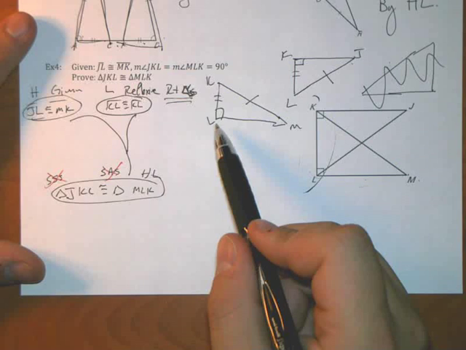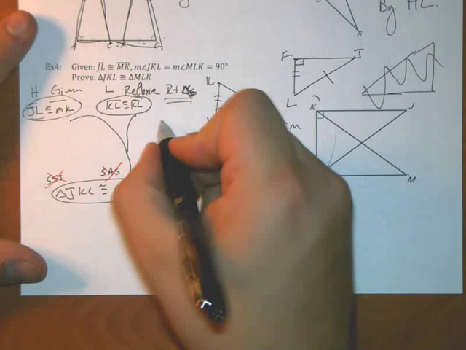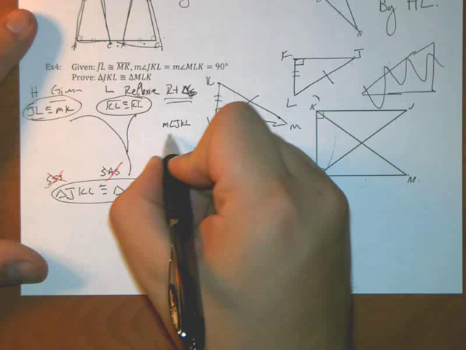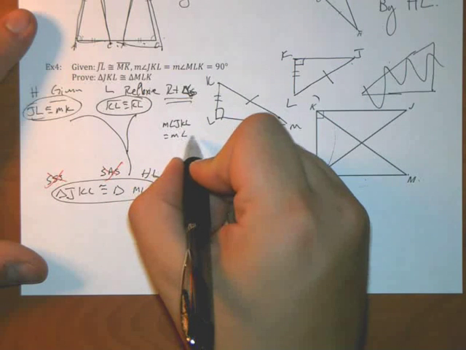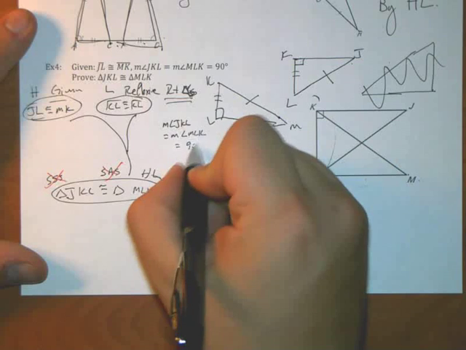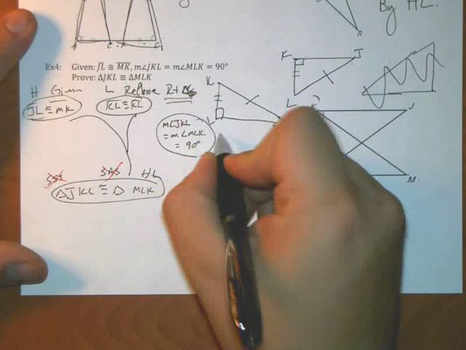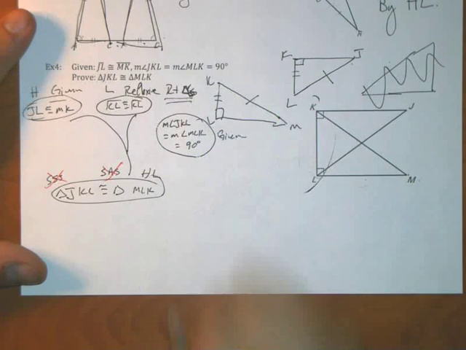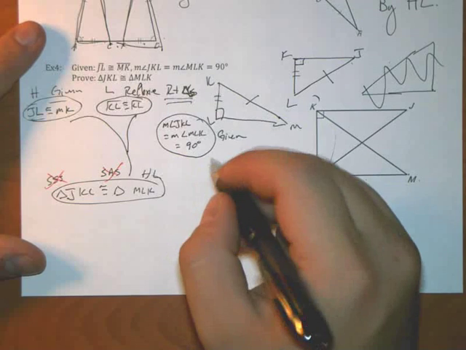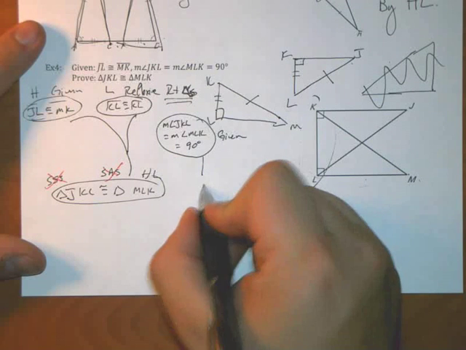What's a little bit of a pain is showing that they're right triangles. What's given is that measure of angle JKL equals measure of angle MLK, which equals 90 degrees. That's given to me, but that's not enough to show they're right triangles.